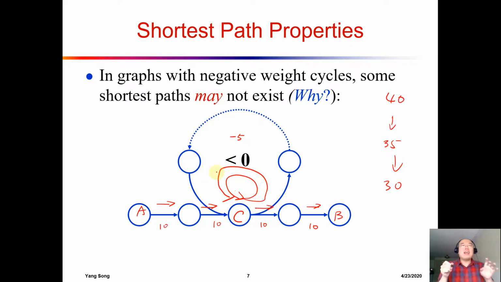We can always lower our total weight as long as we are willing to stay in this circle even longer. So in this case, what is the lowest weight from A to B? The answer is it can be -infinity, because we can always stay in this circle. So in this case, we can say the shortest path between A and B does not exist.